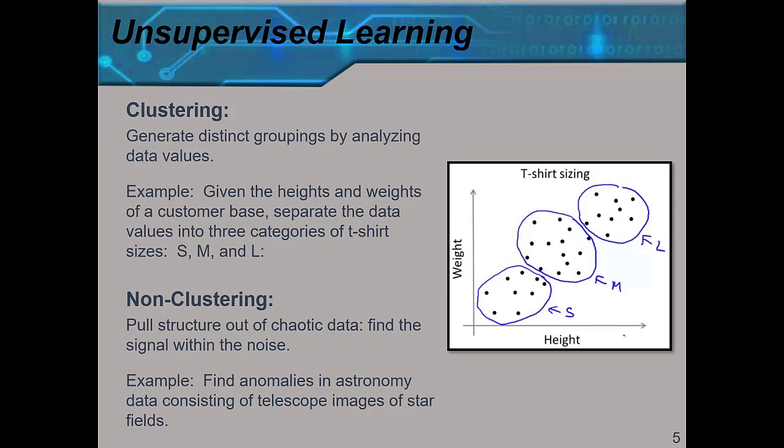So you'll feed it just a scatter plot of the data, and it will work at breaking the data into categories that make sense. And if it does it right, you can actually say that the upper right category is the large size t-shirts. That's what they should order, and the medium for the medium and small for the small.